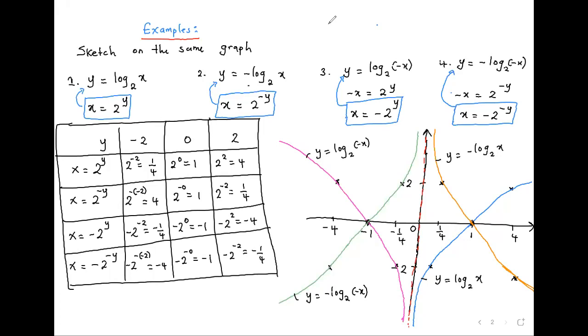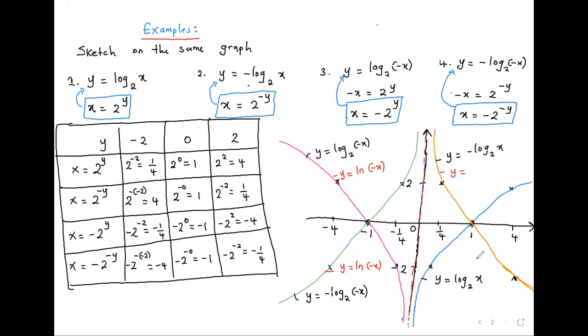Okay, so we can make a statement that this graph here would still be this graph, even if this function was y is equal to ln of -x.